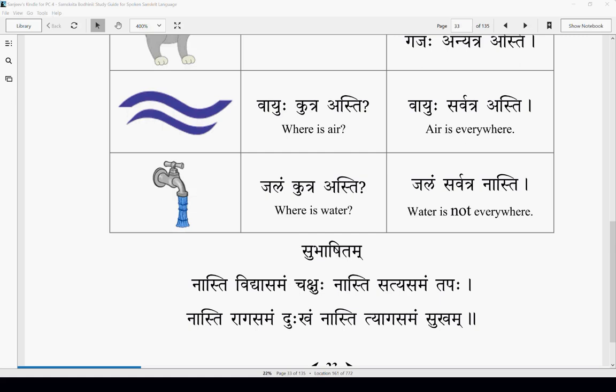Austerity of speech is speaking words that are truthful, unoffending, pleasing and beneficial for the listener. The practice of the recitation of Vedic mantras is also included in the austerity of speech. Speak the truth in such a way that it is pleasing to others. Never speak untruth, though it may be pleasant. This is the eternal path of morality and dharma.